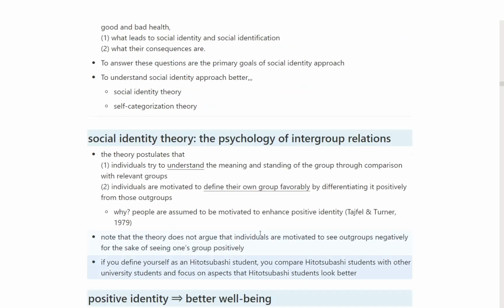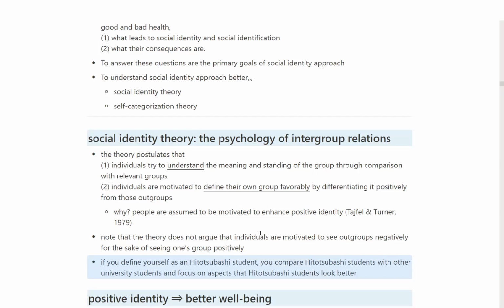Okay, so if you define yourself as a Hitotsubashi student, then you may compare Hitotsubashi students with other university students and focus on aspects where Hitotsubashi students look better. Although you may talk about the negative aspects of other university students, it is a case where your own group is not so bad on that aspect. If you feel that Hitotsubashi students also have such negative aspects, then you may not talk about that issue at all.